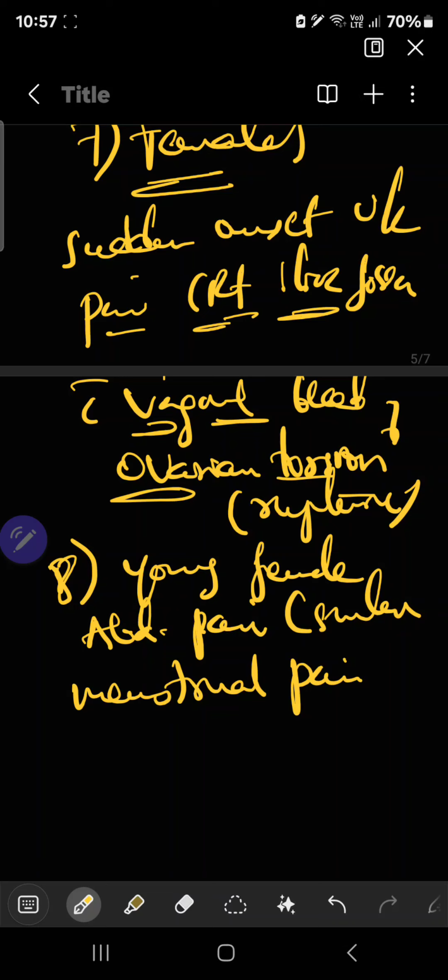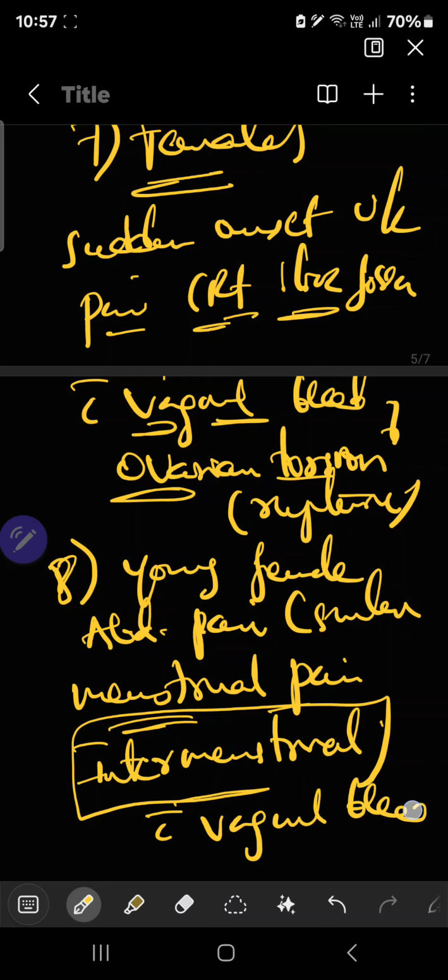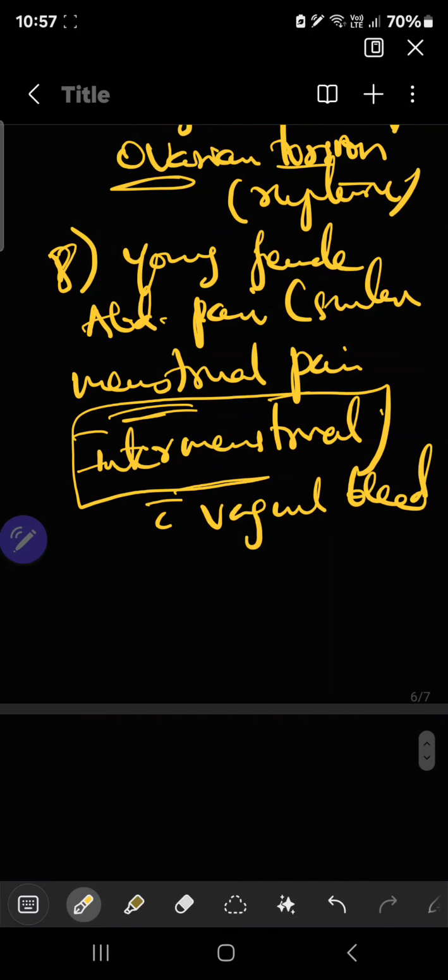But this pain is called intermenstrual pain, in between the menses, and it is associated with vaginal bleed. Young female, abdominal pain, mostly intermenstrual pain associated with vaginal bleed. So that could be pelvic inflammatory disease.